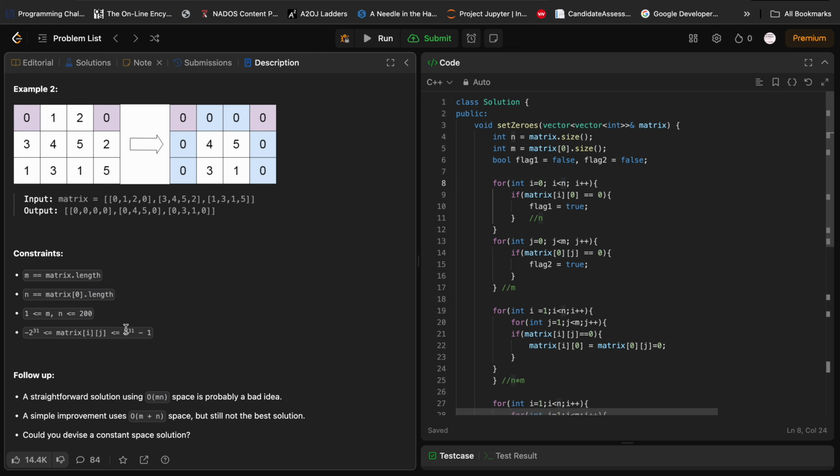It should be between n to the power 4 and n cube. And the follow-up they want is a constant space solution.